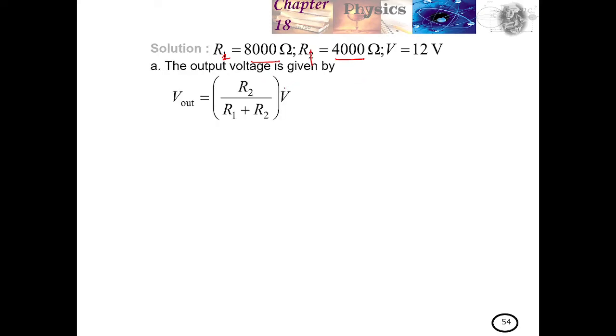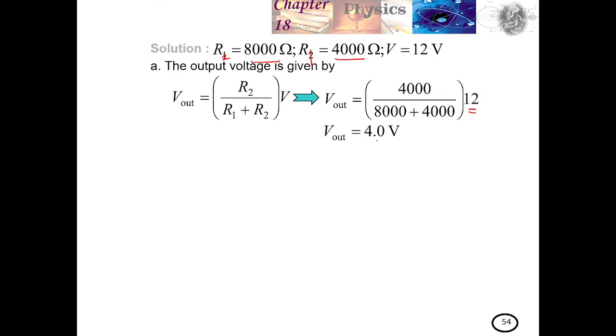The output voltage is given by V out equals R2 divided by R1 plus R2 times V, which is 4000 divided by 8000 plus 4000 times 12. 12 is the source.